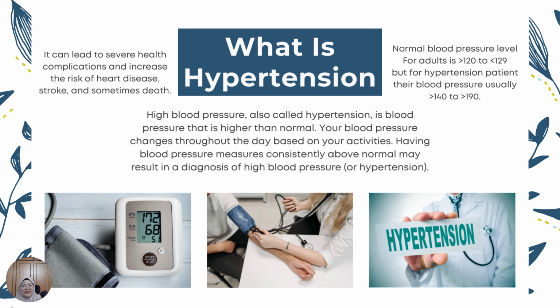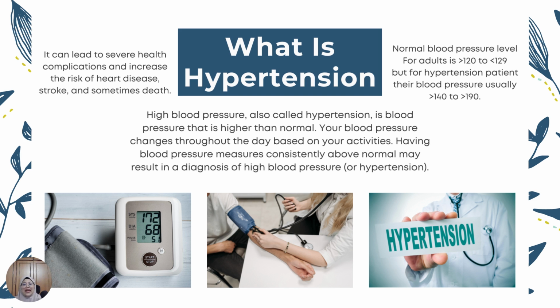Having blood pressure measured consistently above normal may result in a diagnosis of high blood pressure or hypertension. It can lead to severe health complications and increase the risk of heart disease, stroke, and sometimes death.